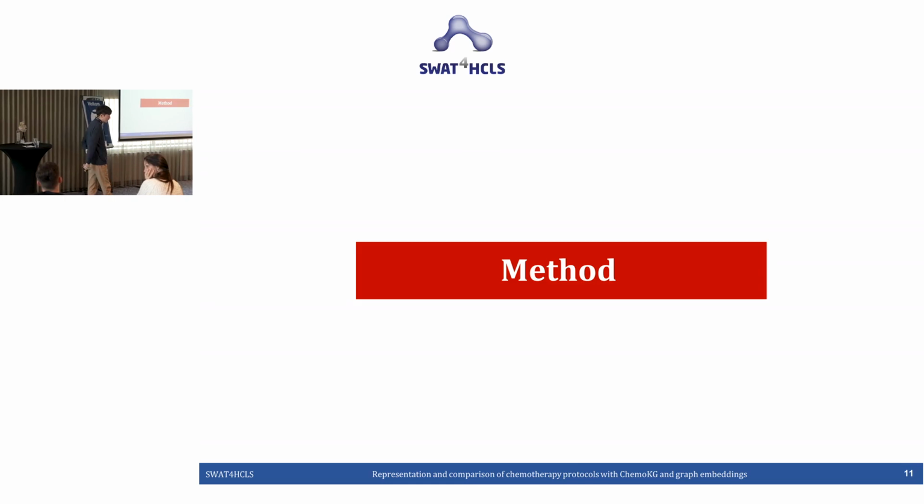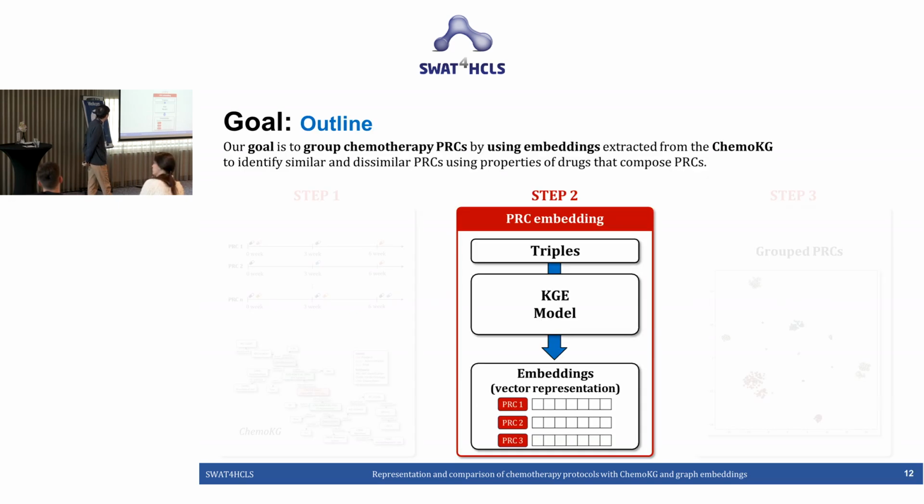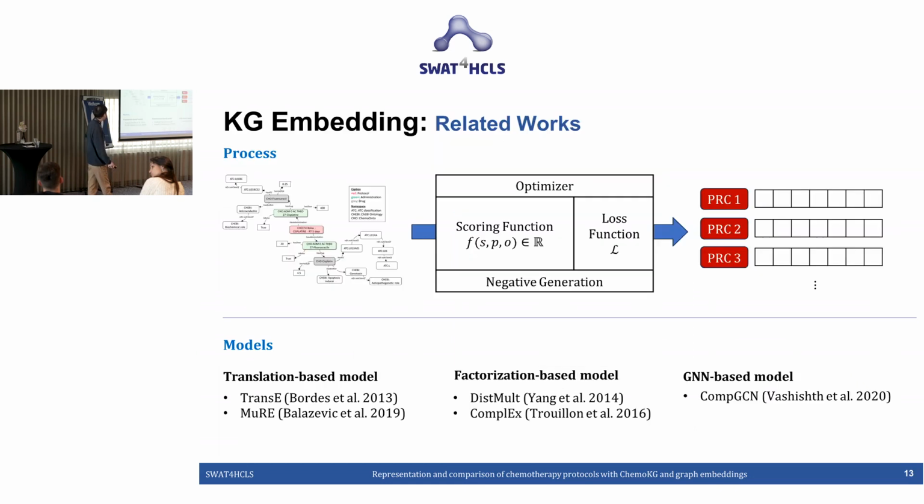Next is the method for embedding each of these chemotherapy entities into the vector space. We are going to use this triple data as input to the knowledge graph model to output embeddings.